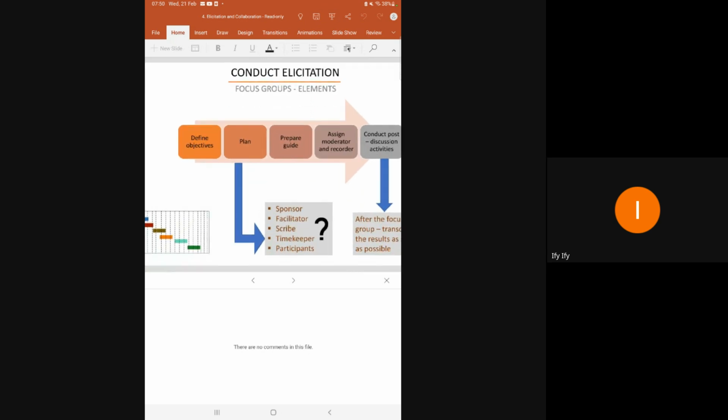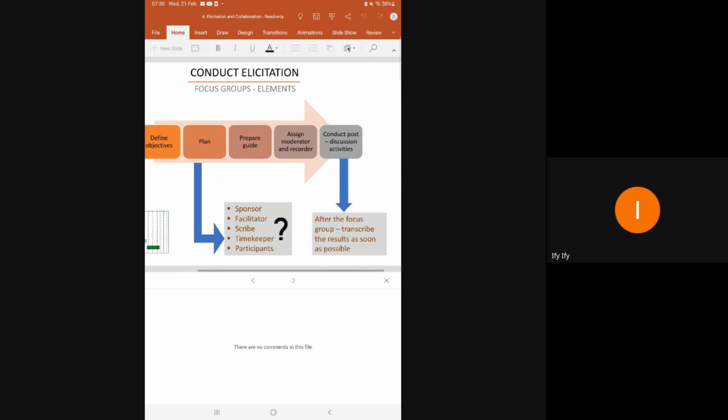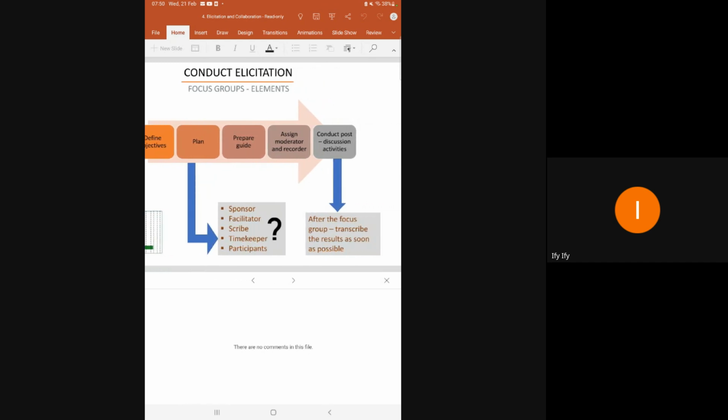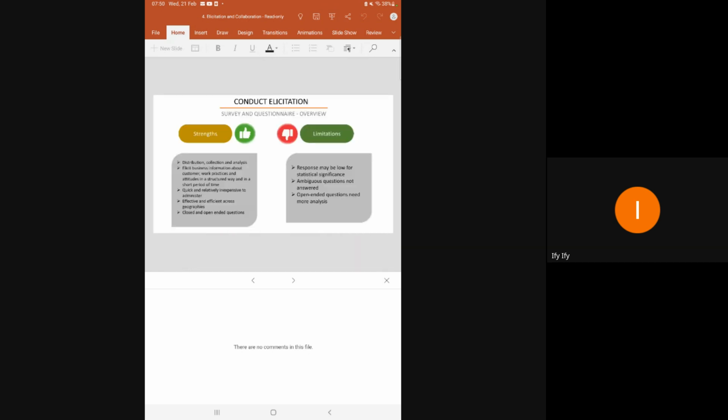The elements will be define objectives, plan, prepare guide, assign moderator and recorder, conduct post-discussion activities. This is simple, I don't need to explain. We'll take survey and questionnaire later. These are the different techniques that I am explaining for elicitation and collaboration of requirements.